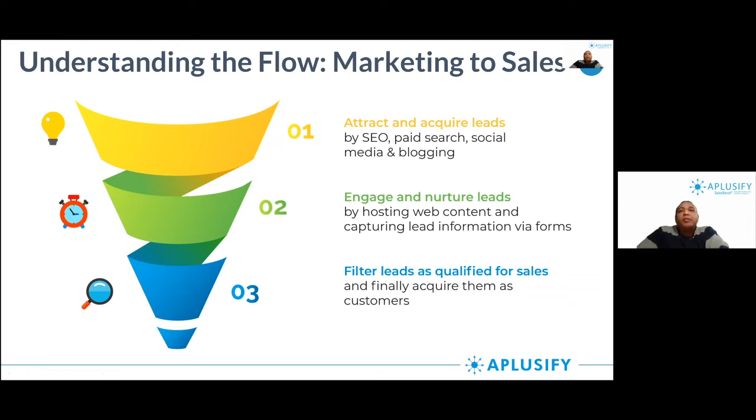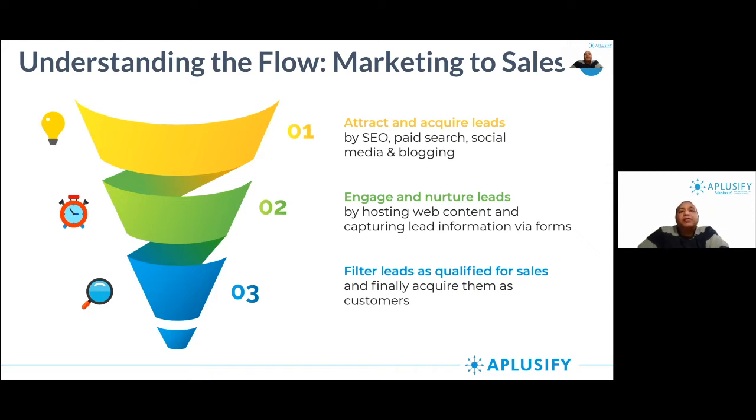Okay, now before we understand what the marketing team does, let's try to understand what the different tools are that the marketing team uses to either attract leads or engage leads, and what the assets are that they use which are helpful for both the marketing and the sales team, right?